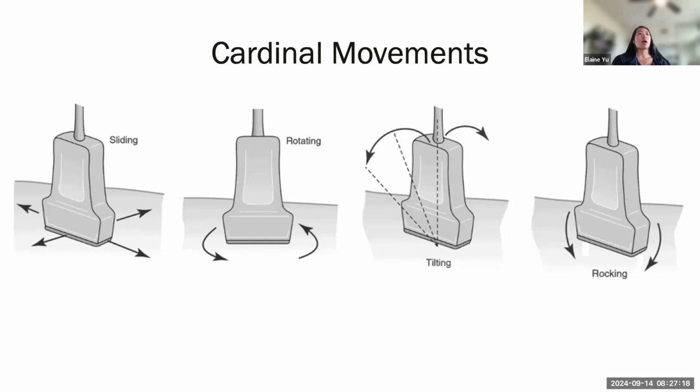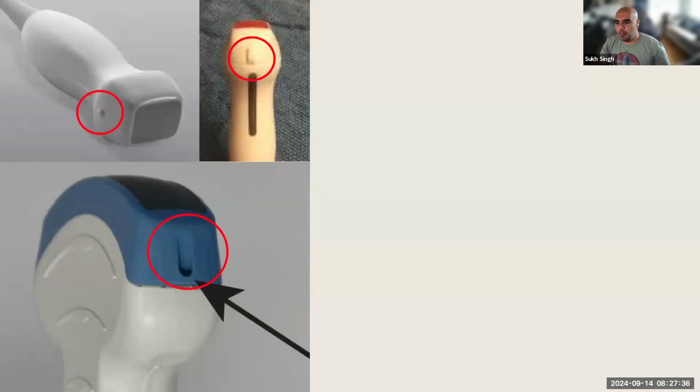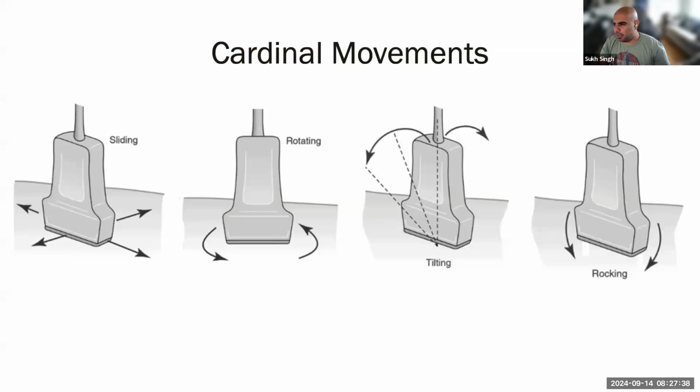And then rocking is essentially like fanning on the short axis. There's another movement that is not pictured here, and that's compression. And for certain structures, you might want to add an element of compression to help distinguish what you're looking at. Yeah, and a lot of these movements will become very intuitive quickly.